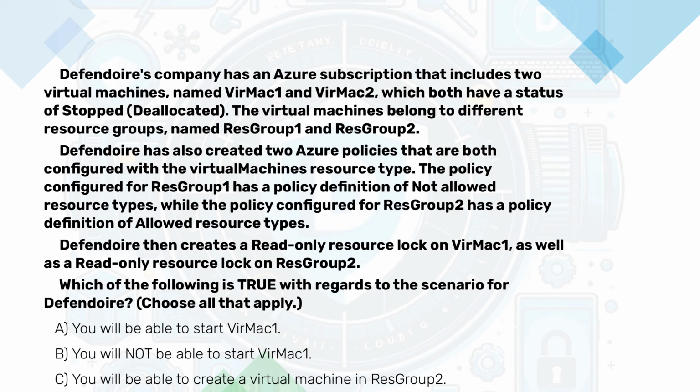The policy configured for the first resource group has a policy definition of not allowed resource types, while the policy configured for the second resource group has a policy definition of allowed resource types. We then create a read-only resource lock on the first virtual machine, as well as a read-only resource lock on the second resource group. Which of the following is true with regards to the scenario for us?